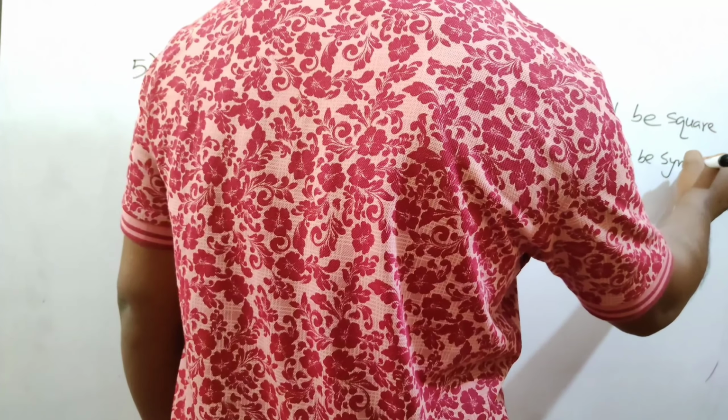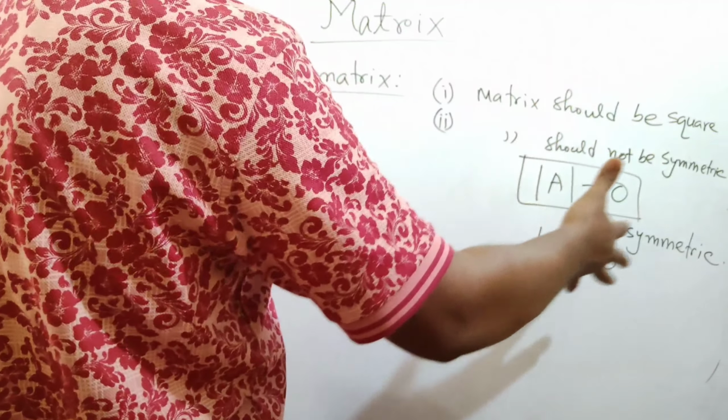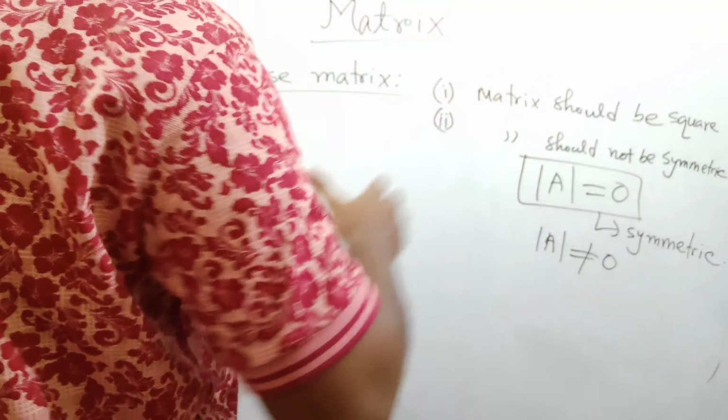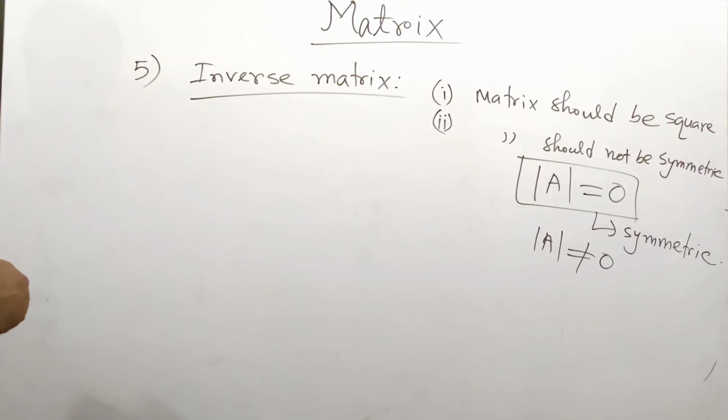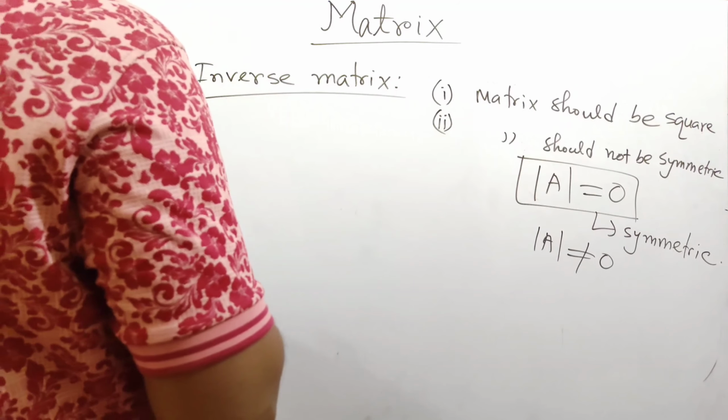So here the determinant of A must be not equal to 0. If any matrix holds these two properties, then you can find the inverse of this matrix. Otherwise you cannot find the inverse of this matrix.